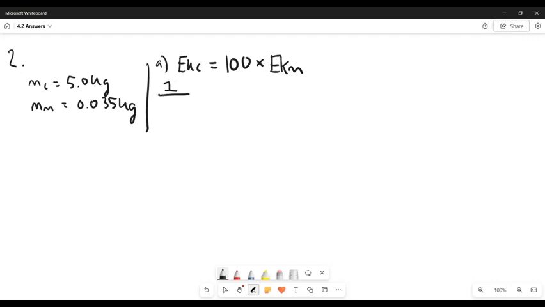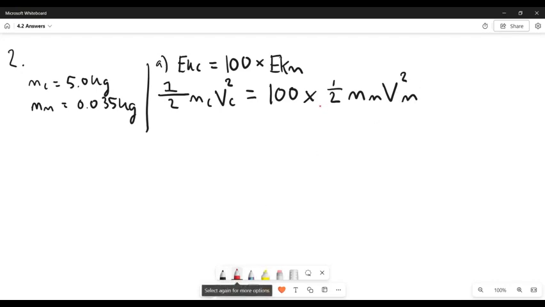So it'd be 1/2 mass of the cat times v squared, and then we're going to say cat, so that's the velocity of the cat, is equal to 100 times, again, 1/2 mass of the mouse, and then velocity of the mouse squared.